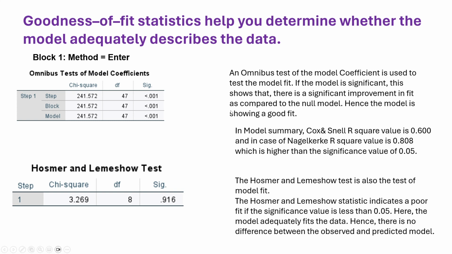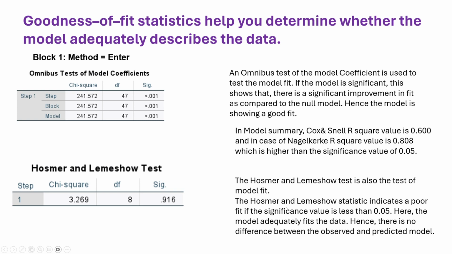Next one, in the model summary, the Cox and Snell R square value is 0.600, and in the case of Nagelkerke, the R square value is 0.808. Later, in the next table, you will see the Hosmer and Lemeshow test, also a test of the model fit.